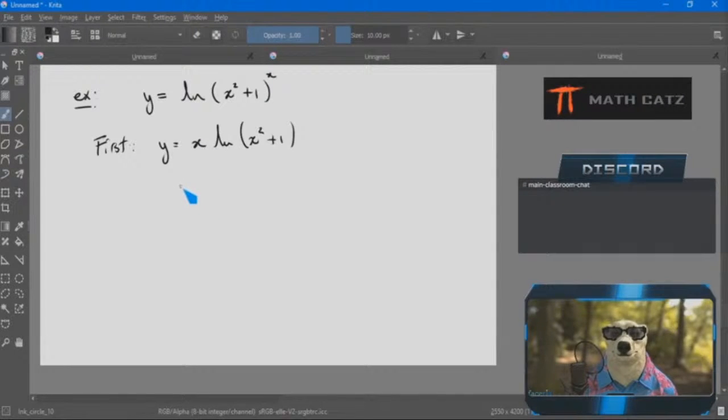Okay. But now this function, oh, totally, I can handle that. What is the first property that I am going to use? Notice that there is an x at the front. So it's not a constant times a function. For the constant times a function property, that guy in front has to be a number.